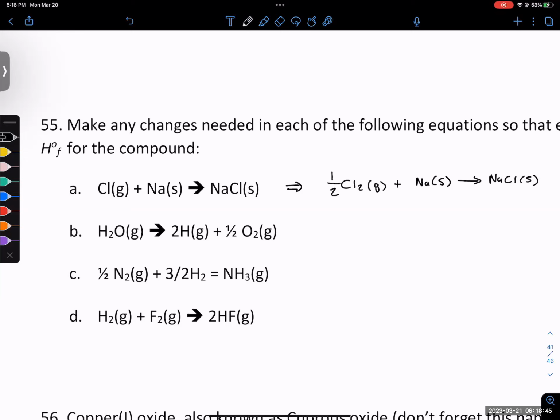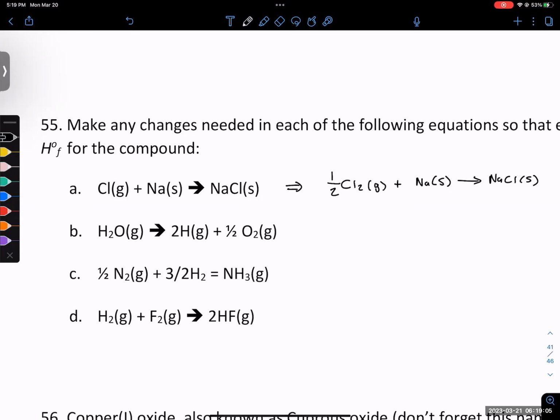You're on the right track, but what I think we're missing is that we have to flip this reaction around, because heats of formation would be to form a single compound, not multiple things.